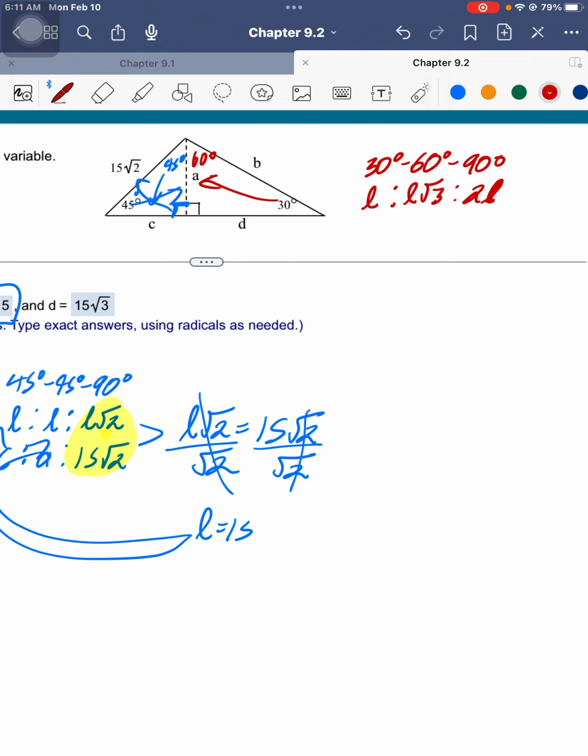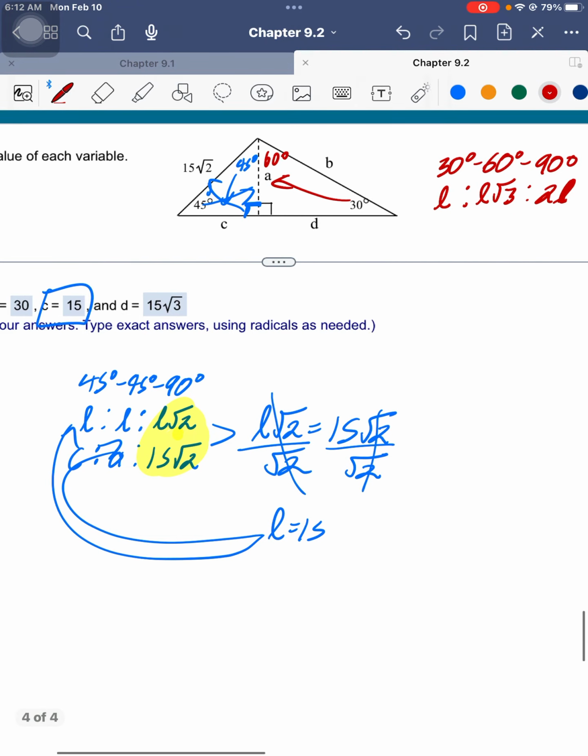Okay. So now what is corresponding to the 30 is A. Wait, don't we already know A? Yeah, we already know A. What's A again? A was 15, right? Yeah, A was 15 because of this. So that means this is actually 15.